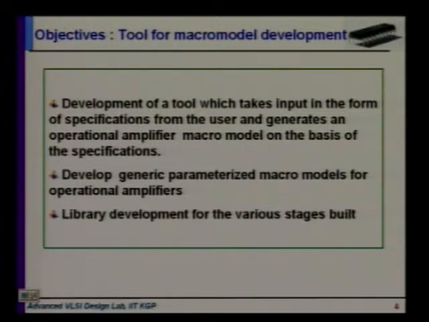It starts from the specification of an op-amp and develops the different circuit components, the different RC values and control source values of that particular macro model of that op-amp. So we will develop different libraries.